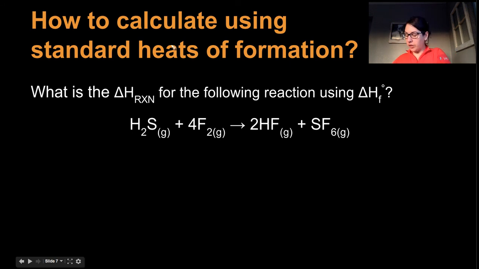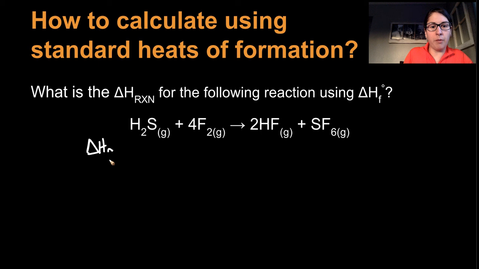Okay. So I've looked at these values already, and what I do a lot of times when I go to do these is ask, okay, what are my heats of formation for each one of these? So for H2S in the gas form, I looked this up and it is a negative 20.5. And that's kilojoules, so all of these are in kilojoules.